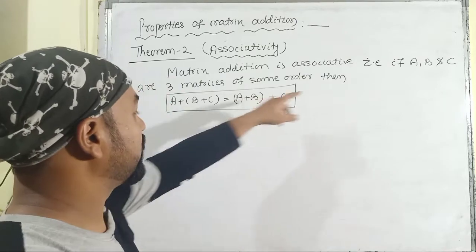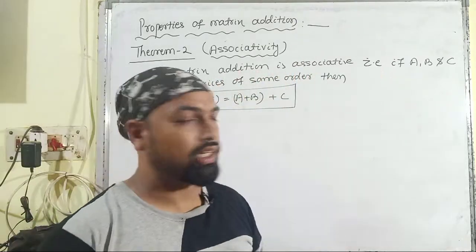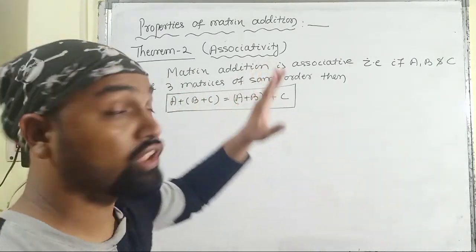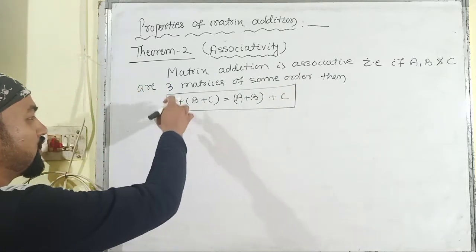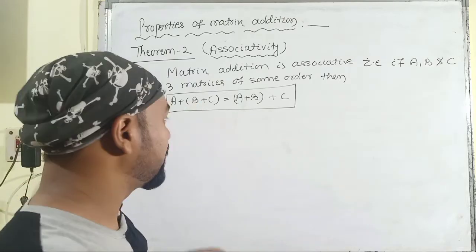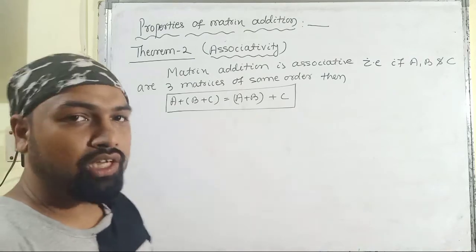So let us consider the three matrices as A, B, C. Matrix addition is associative, that is, if A, B, C are three matrices of the same order, then this property holds: the first matrix added with the sum of the second and third matrix is equal to the sum of the first and second matrix added with the third matrix.